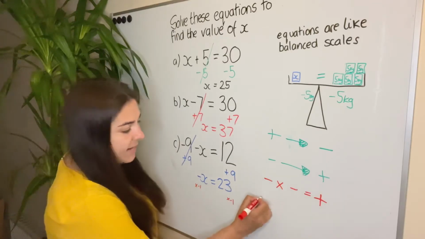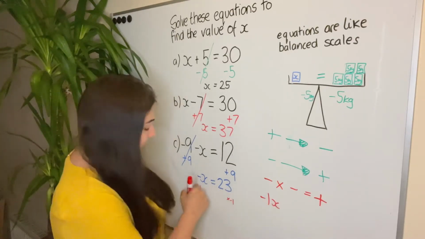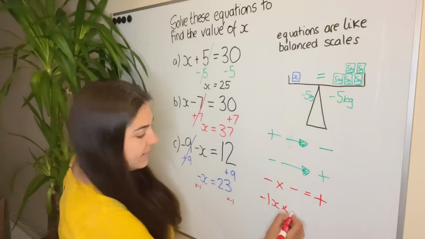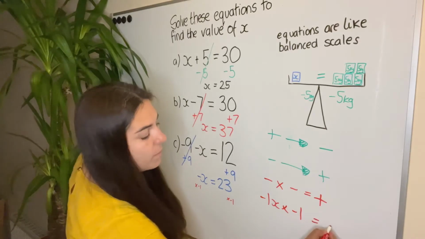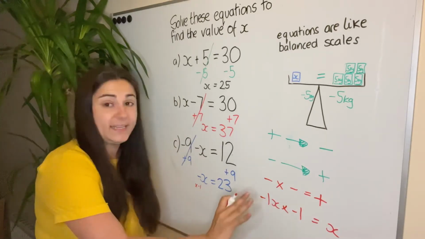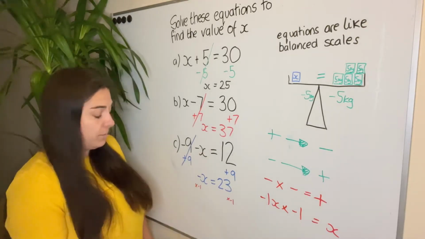So by multiplying negative x, which is negative 1x, by negative 1, that would give you positive x because negative 1 times negative 1 gives you a positive. Once again, if this is taking it too far, don't worry, just an example so that you can see what you might need to do.